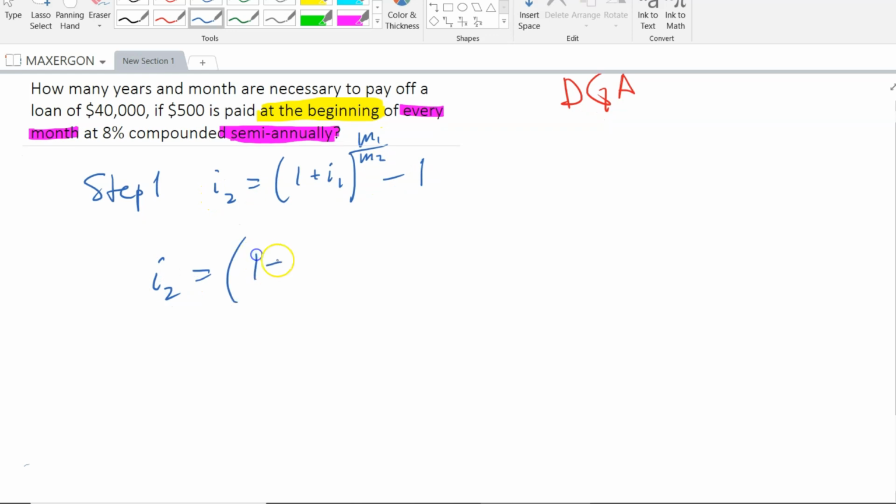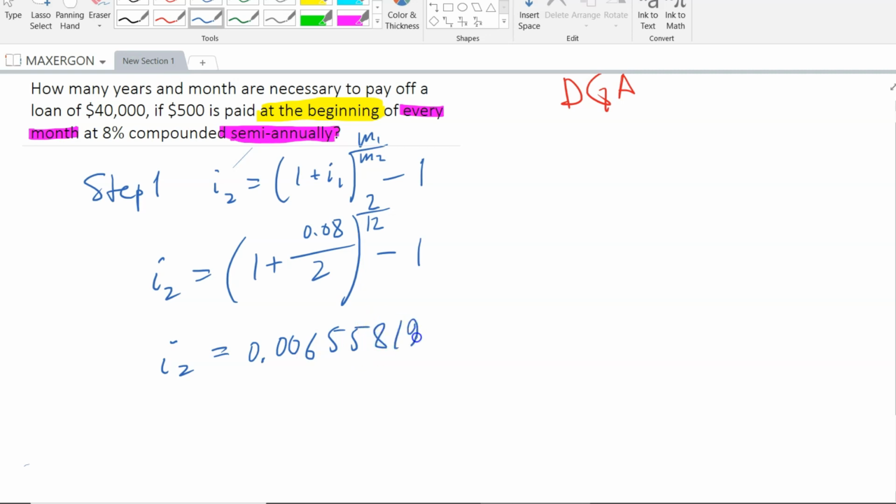I2 is equal to 1 plus 0.08 over 2, to the power 2 over 12, minus 1. I2 is equal to 0.006558197. With this I2, we are ready to proceed to step 2 of the problem.